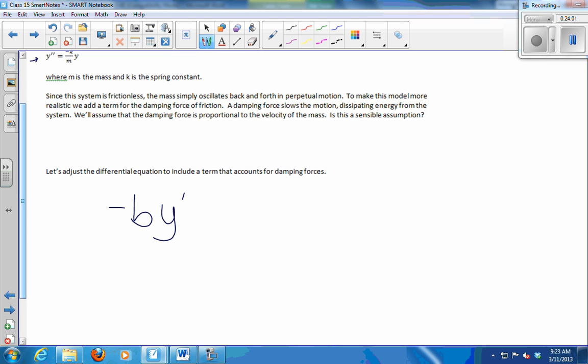But I'm trying to write a term that just expresses that the damping force is proportional to the velocity. So I could call it 1 over b if I want. It's still just a constant.